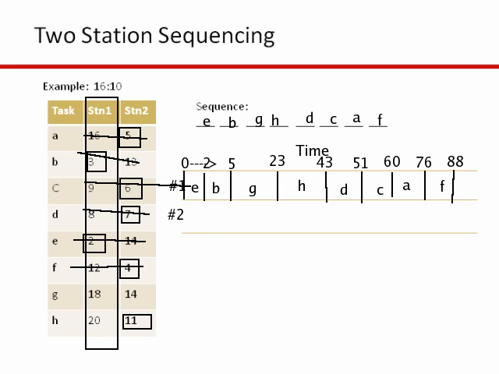All right, so the next station, let's just look at the station 2 times. On machine 2, we cannot start job E at time 0 because it won't be done until time 2. So we're going to start E at time 2, and E takes 14 units of time on station 2, so we're going to be done with E at time 16.